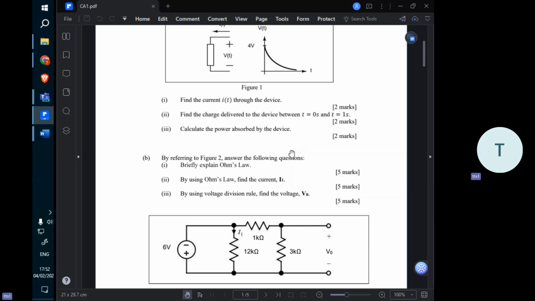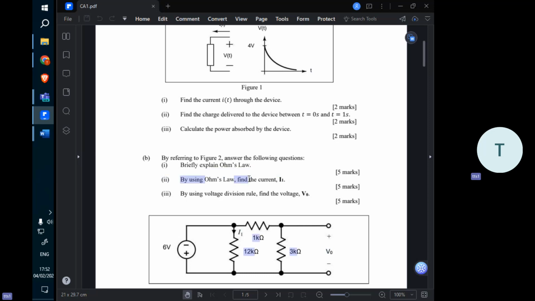If there is any equation, you may need to include the equation. If there's a diagram or anything that can help to explain it, it's better to include the diagram also. In order to get the full marks, you need to explain it as complete as possible.